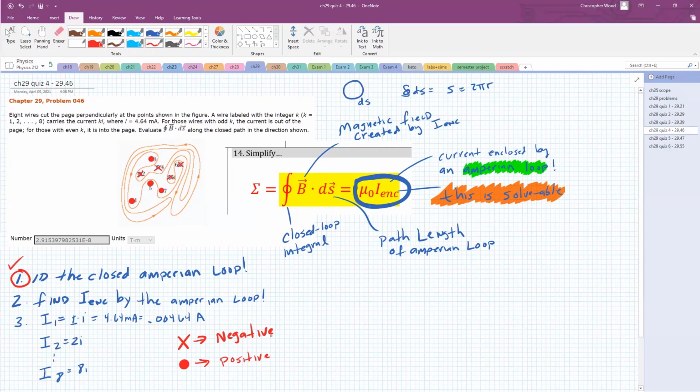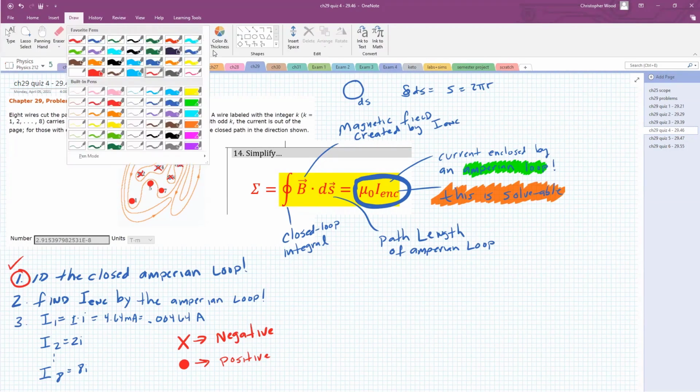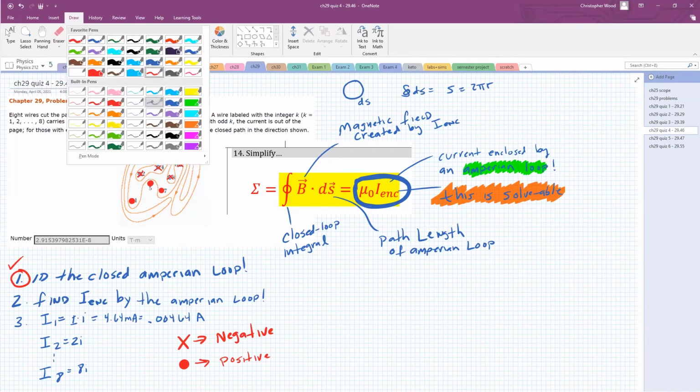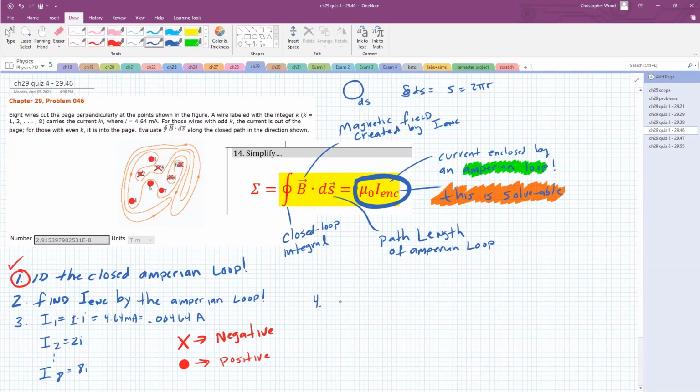And then once you find the net current using this indexing scheme, in number 3, just multiply by mu naught. So this would be number 4. The answer is mu naught times I enclosed. That is our answer. Okay, so you guys can work on that while I call up quiz 5.